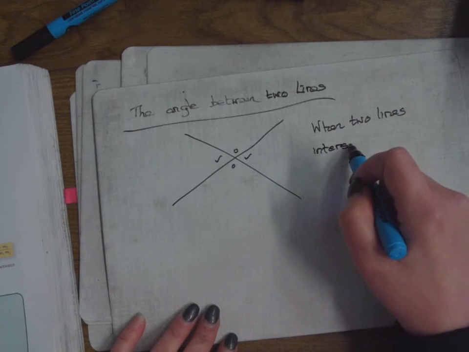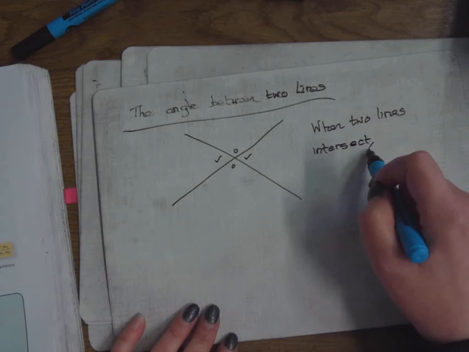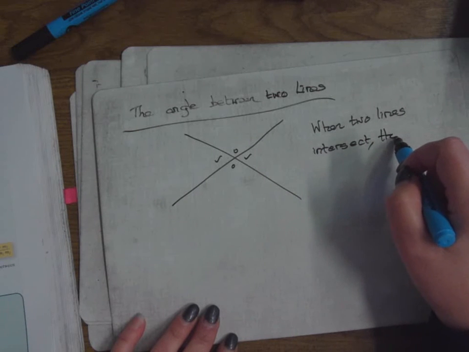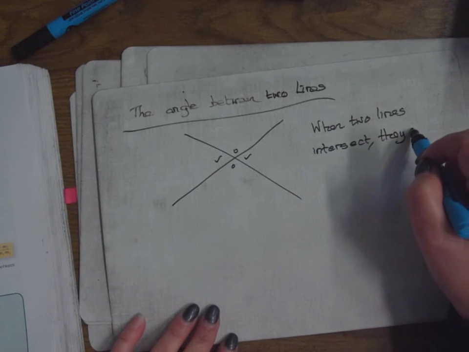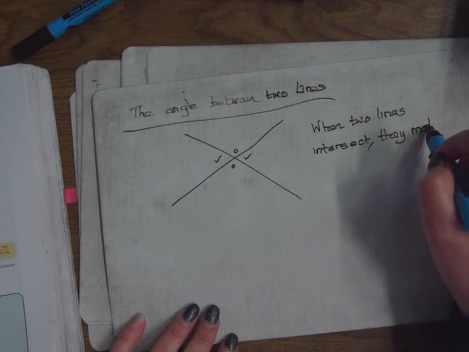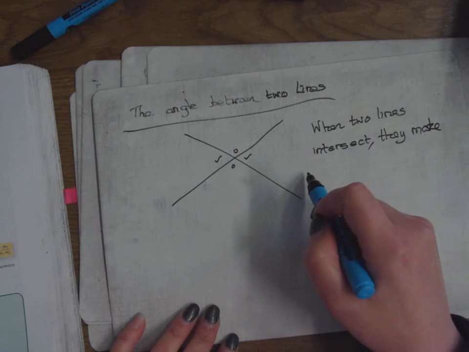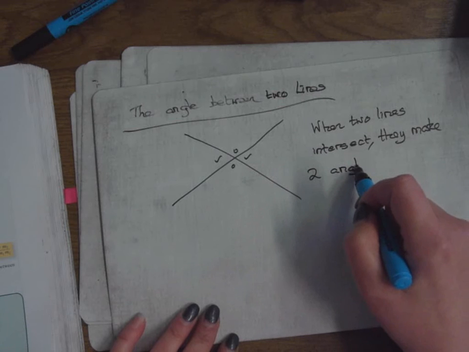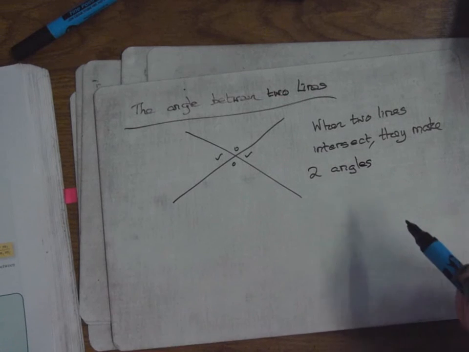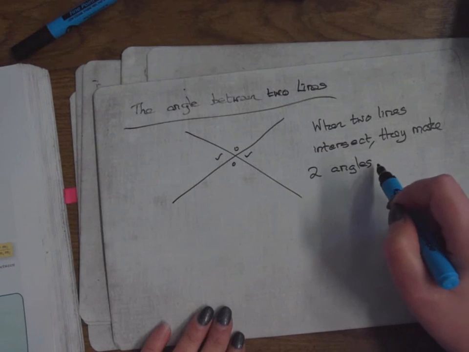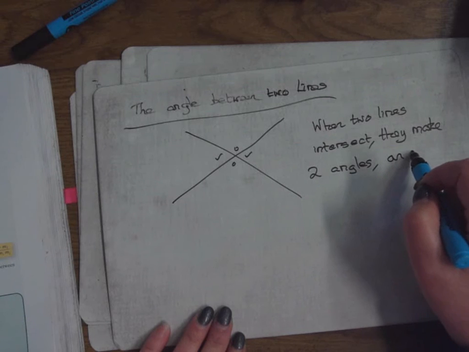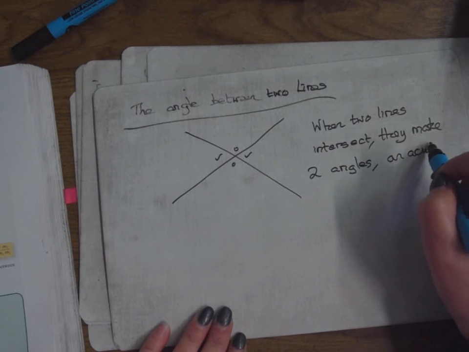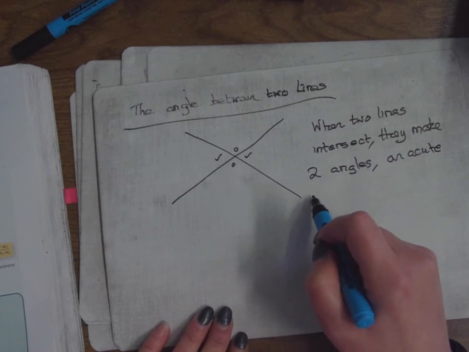make two angles, two distinct angles, right? Obviously there's 4 angles, but it's 2 pairs, 2 angles, an acute angle and an obtuse angle. What's acute mean? Less than 90.